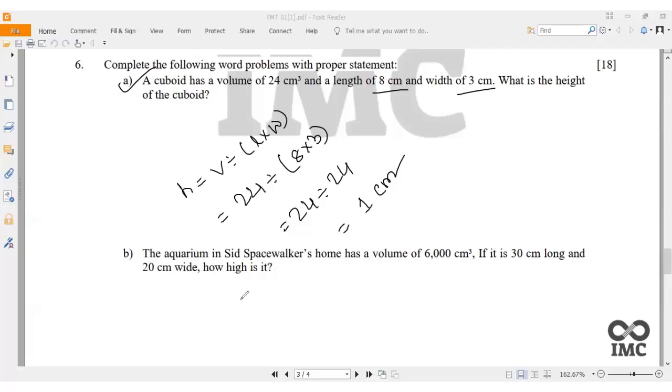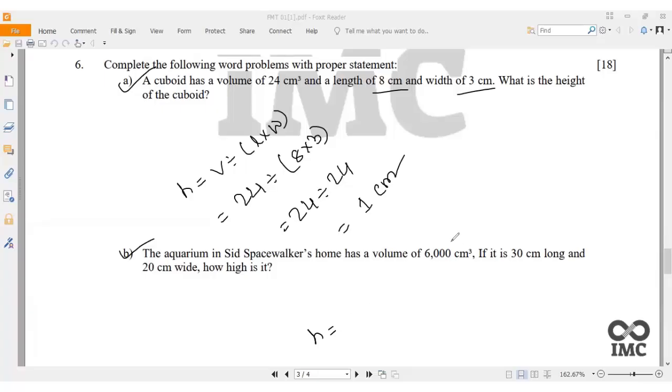Okay. Very simple one. Number B. The aquarium in Seed Space Workers home has a volume of 6,000 centimeter cube. If it is 30 centimeter long and 20 centimeter wide, how high is it? Same formula we'll use. Height equal to volume divided by length multiplied by width.